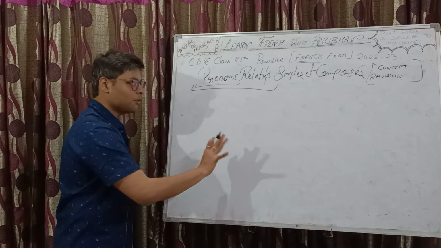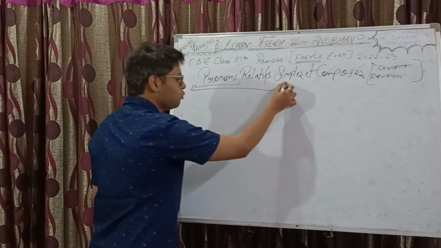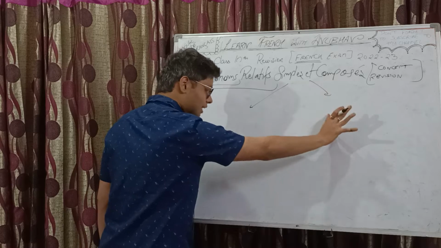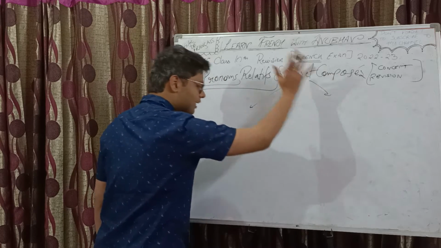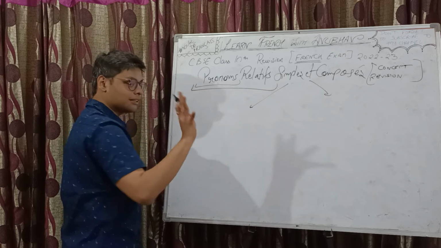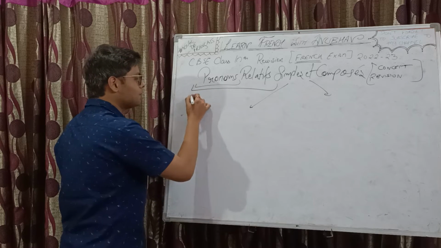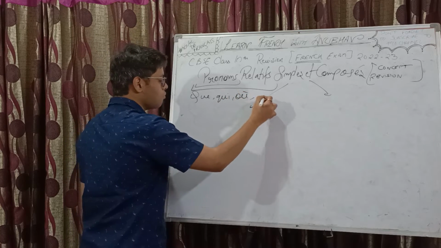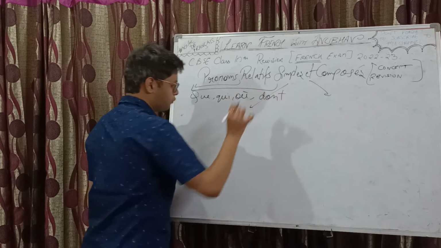And relative pronouns are of two types: simple and composé. Composé we'll discuss in this video itself a few minutes later. Right now, let's discuss simple. We have 4 in the CBSE Class 10 syllabus: que, qui, où, and dont.